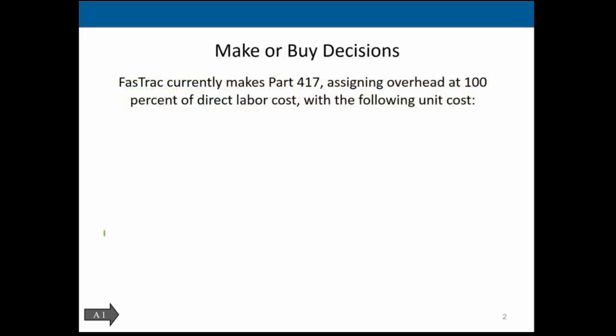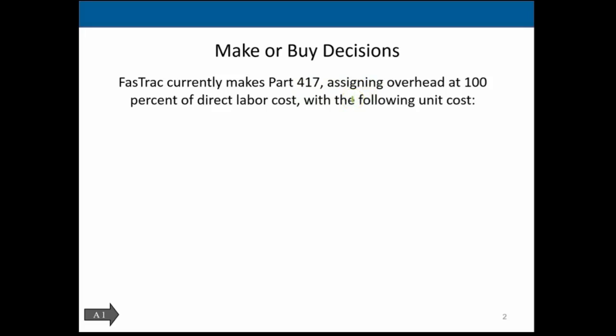So make or buy. Fast Track currently makes Part 417, assigning overhead at 100% of direct labor costs, with the following units. So what does that mean? We're making this part as part of, we would assume, our total manufacturing process. If we're making, say, cars, and that's a part in our car, we can either buy that from an outside vendor or we can make it internally. Currently we're making it internally and we are assigning the overhead.